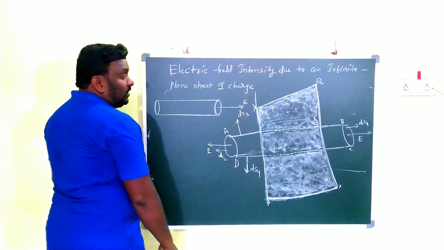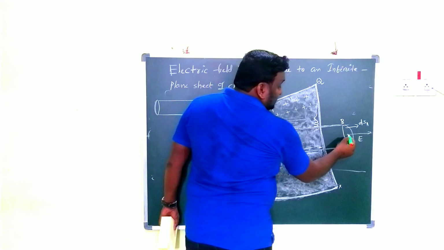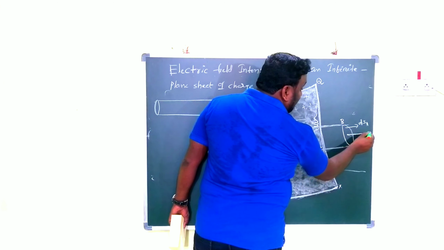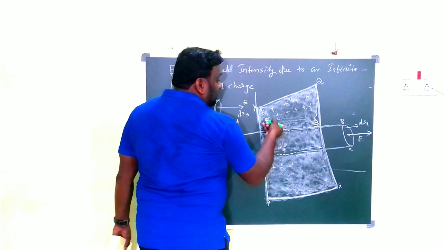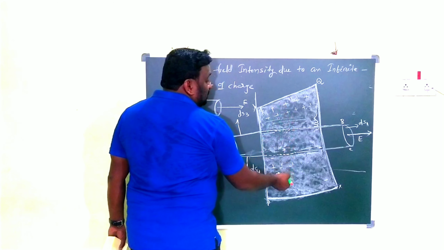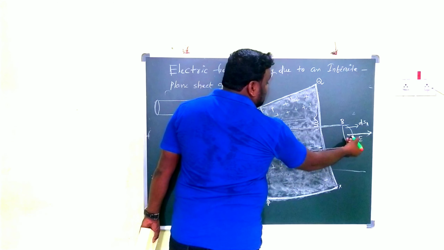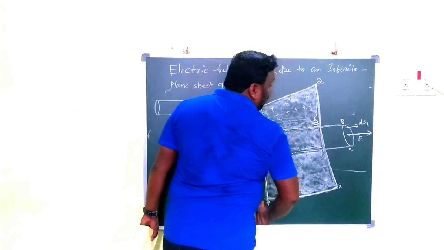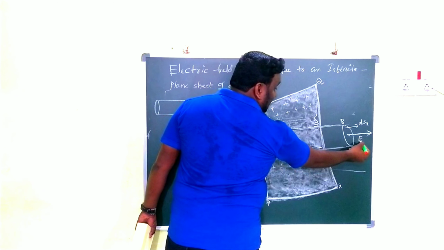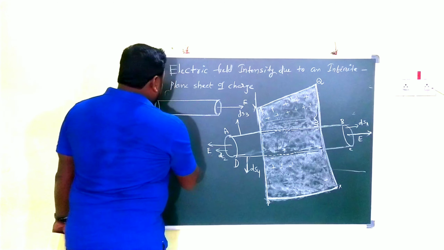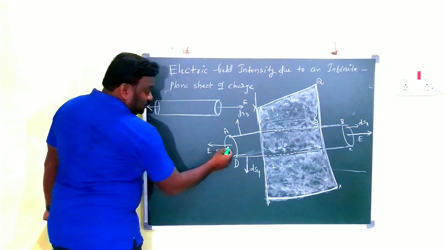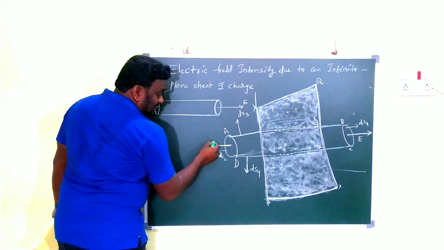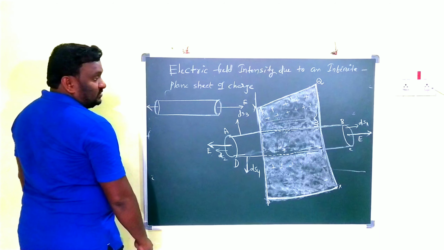I am showing that here. Why is it radially outward? The charge we have taken is positive charge. For positive charge, the electric field intensity is always radially outwards. That's why I am showing E like that. And here also the same thing, the electric field is radially outwards.